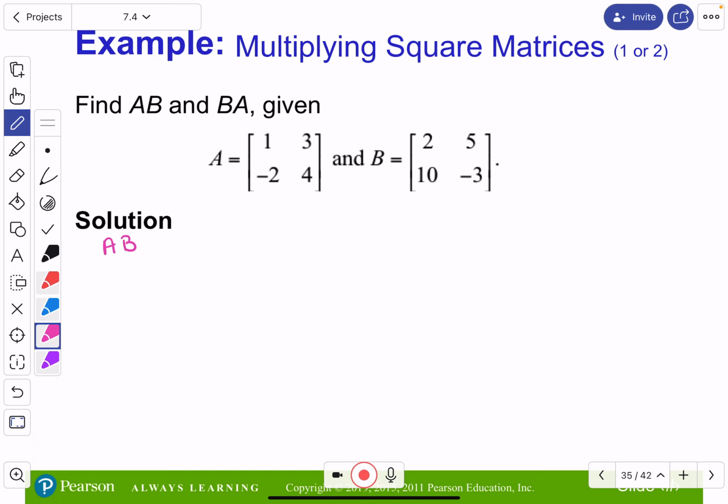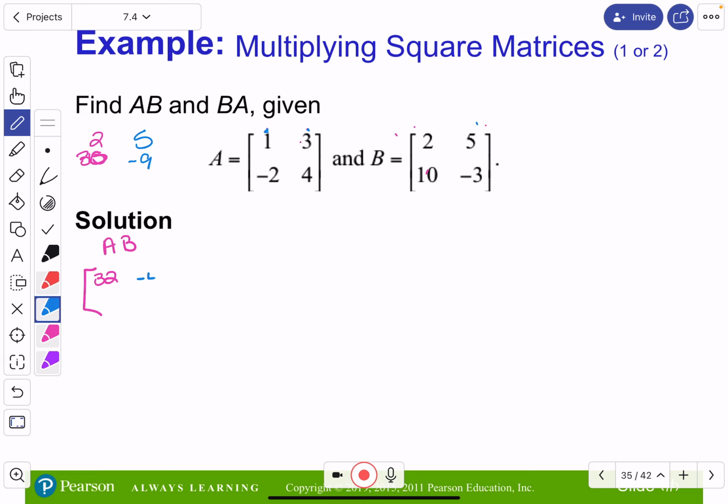So AB is going to be 1 times 2 is 2. And 3 times 5 is 15. Nope, I did that wrong. 1 times 2 and 3 times 10. So that's 32. And then 1 times 5 and 3 times negative 3.